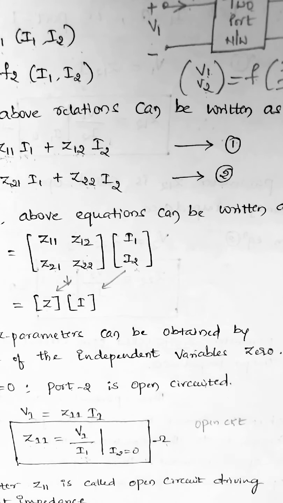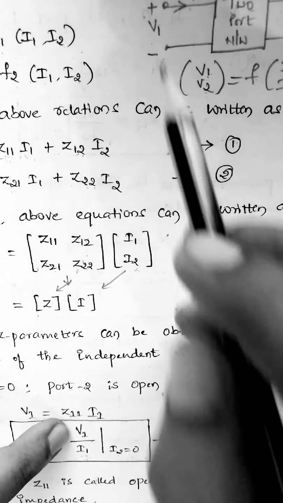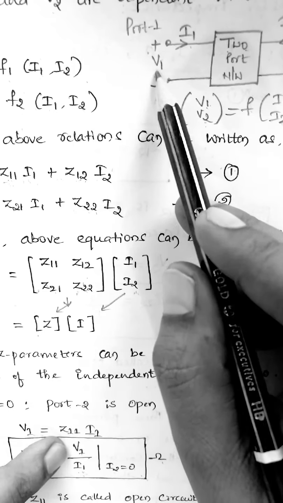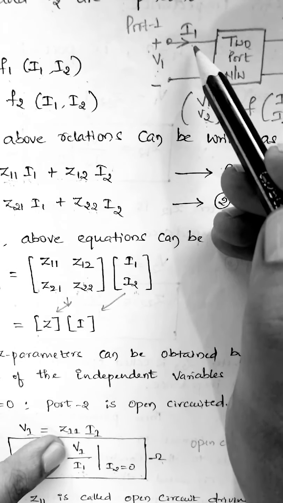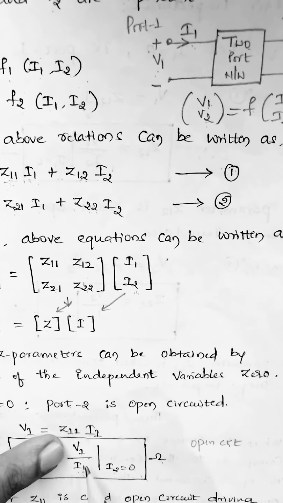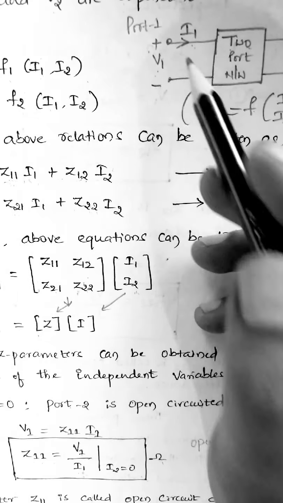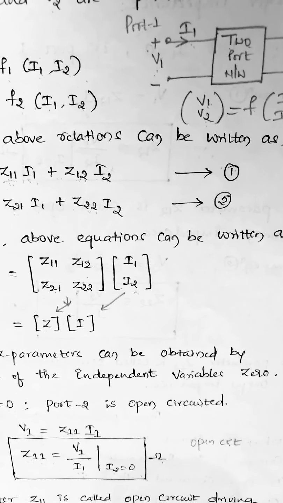V1 is a voltage present at the input side. Similarly, I1 is a current which is also entering the input side. So both parameters are present at the input side. The input port is called the driving point port.